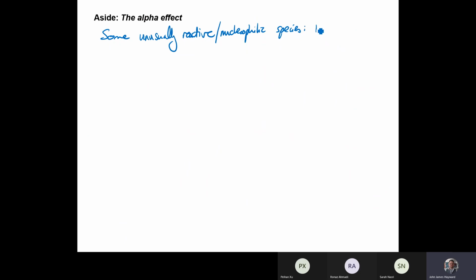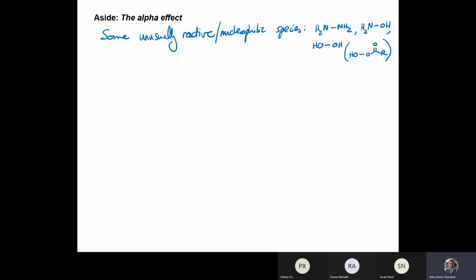We're talking here about hydrazine, hydroxylamine, and hydrogen peroxide. And yes, to some extent, we are talking about peracids here.